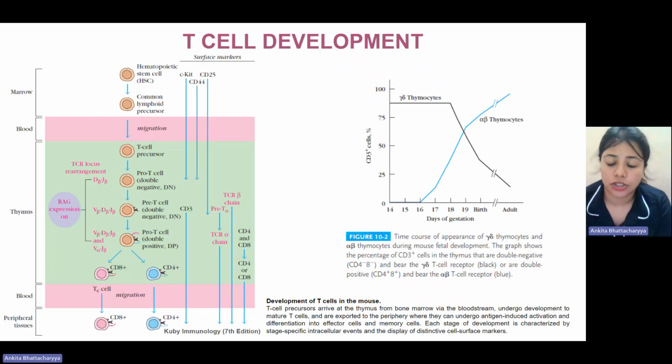After D beta J beta joining has occurred, another round of recombination attaches it with a definite V beta region. If you have gone through the lecture notes or the YouTube video lectures of Professor Shrudeep, you would remember that permutations and combinations are tried, whereby, say, a V is joined with a D and J that is downstream, but that is not leading to a functional rearrangement.